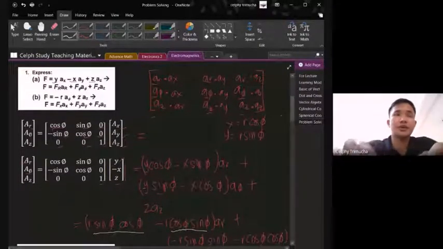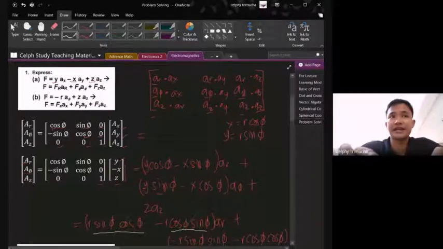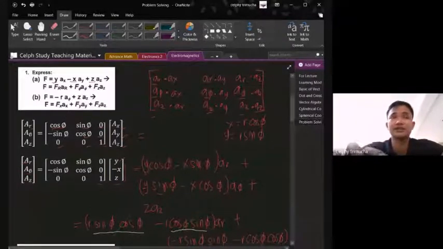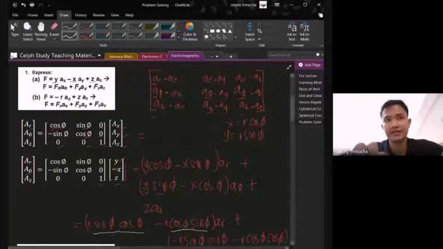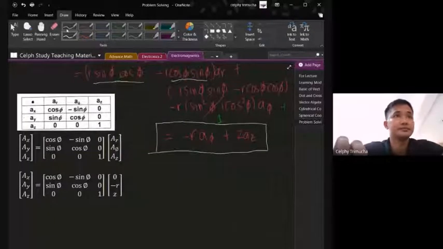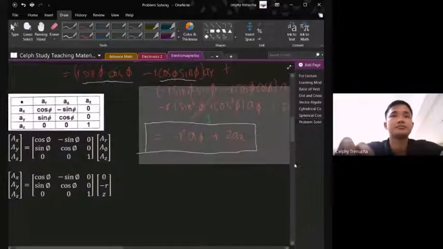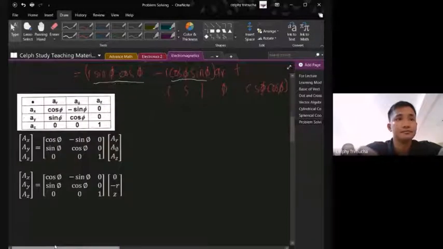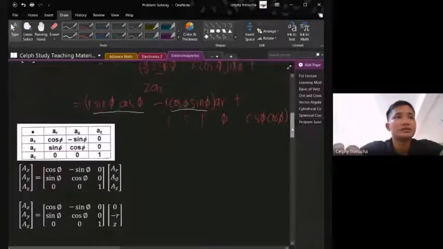So we have for number 2, given naman kita sang spherical nga vector, and then dapat i-express natin siya or transform natin siya into its rectangular coordinates nga value.